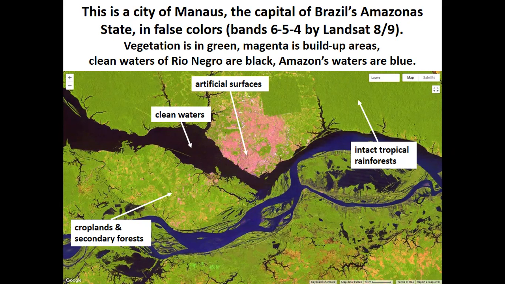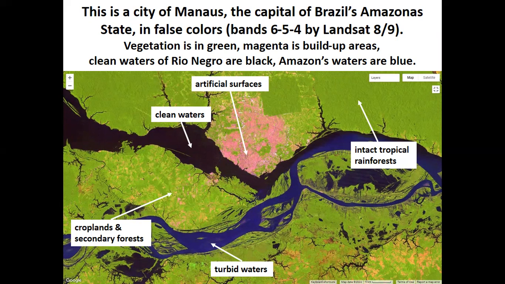And the river Amazon contains a lot of small particles. It is turbid water. A lot of very, very small particles of sand, of minerals, and maybe also some plankton, algae, for example, and so on.